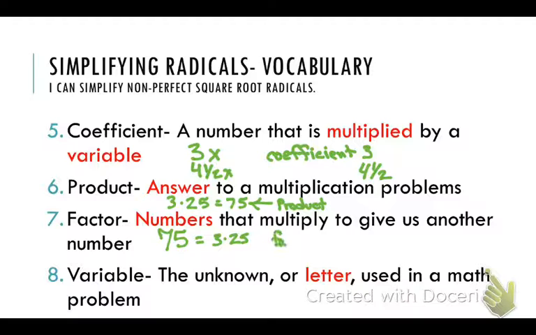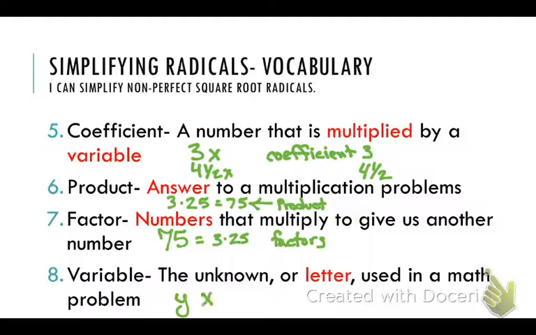There are other factors, 5 and 15, and 3 times 5 times 5. Those are all factors. And then, of course, variable: the unknown, or the letter that we use.